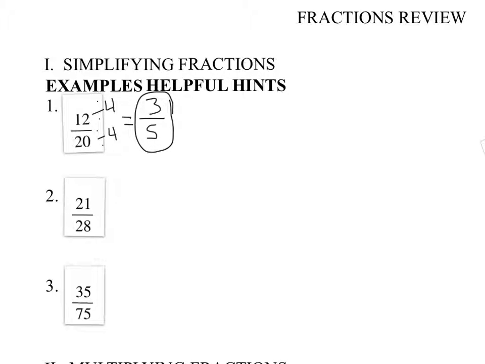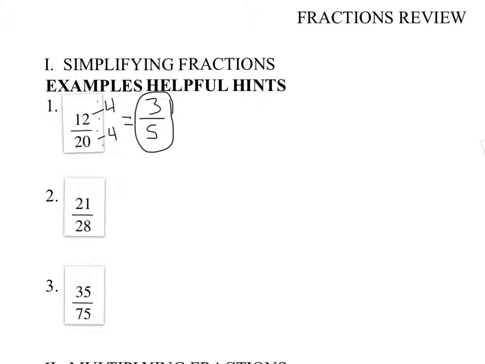Okay, number 2, we have 21 over 28. We need to figure out what the biggest number is that goes into 21 and 28. So what's the biggest number, or the greatest common factor, that goes into 21 and 28? We have to think of the numbers that go into 21 and 28.